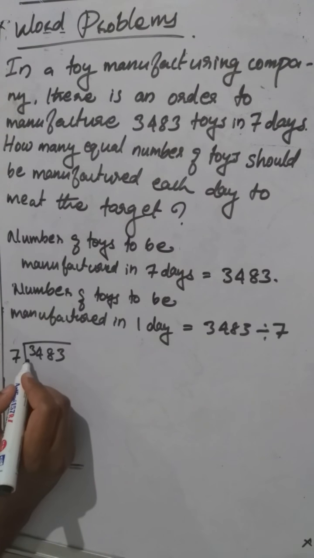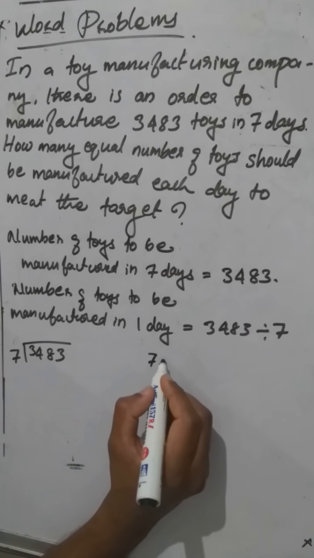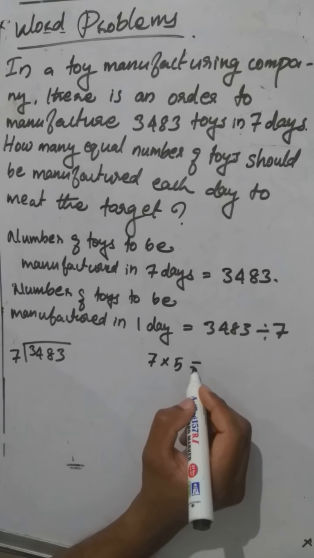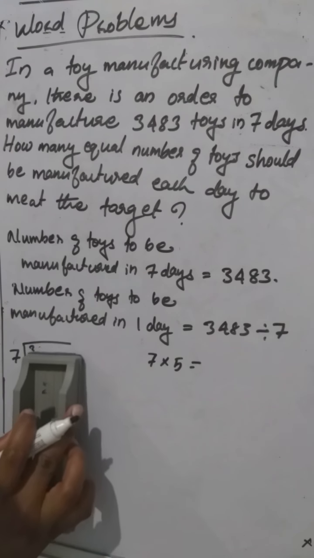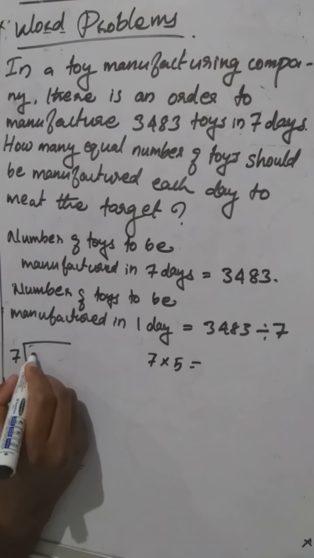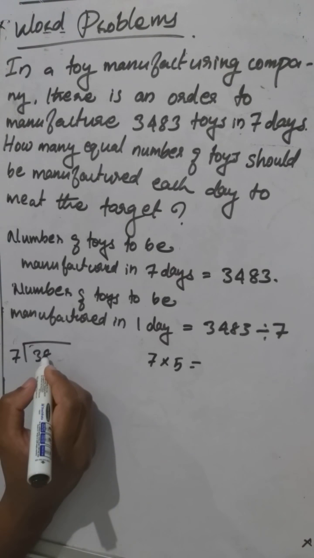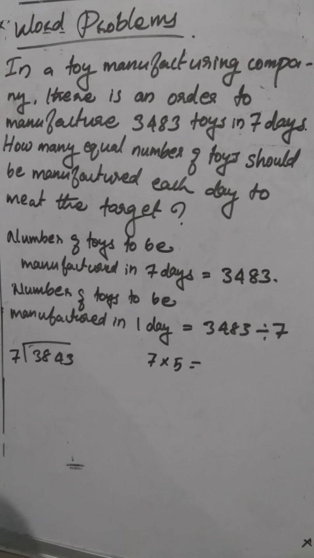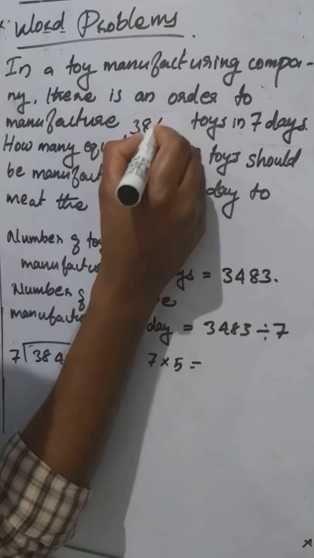So how many 3s are 30, 7s are 34... Here, that is not 3,483, it is 3,843.